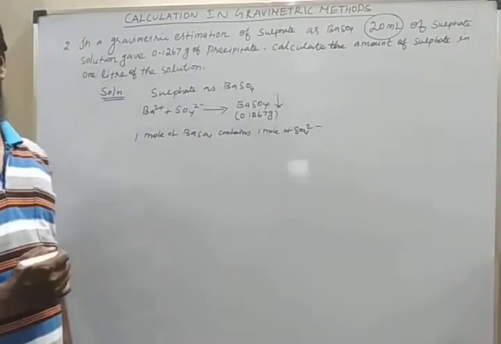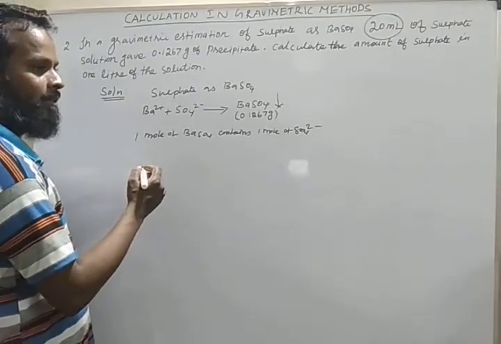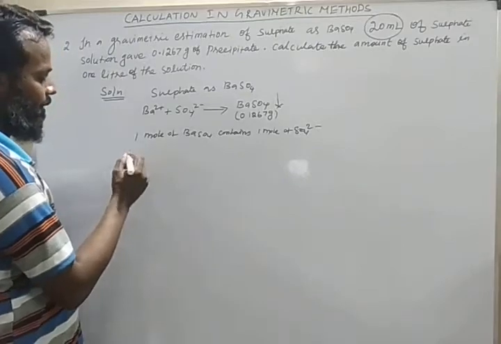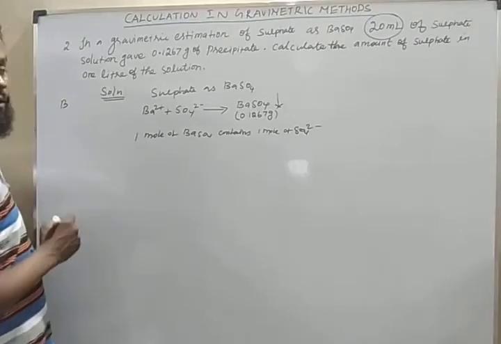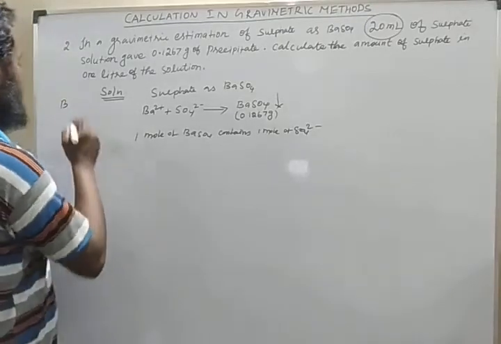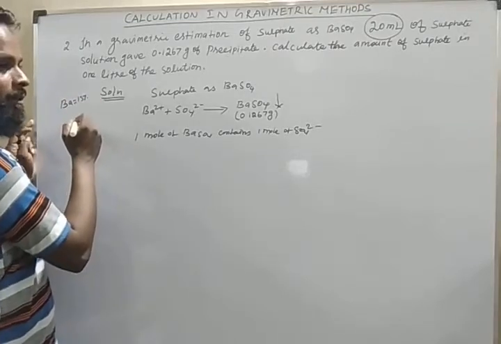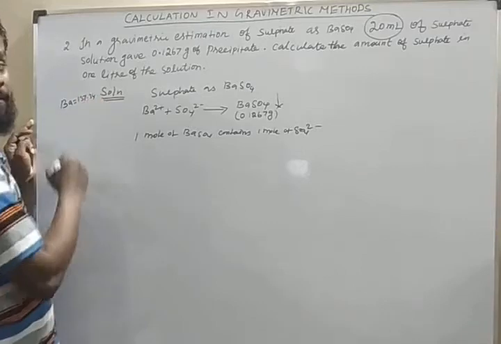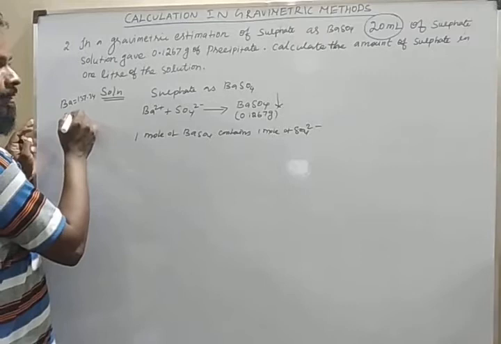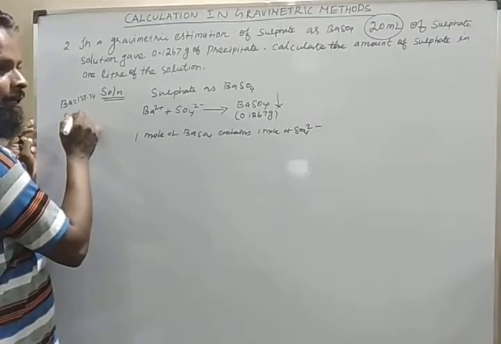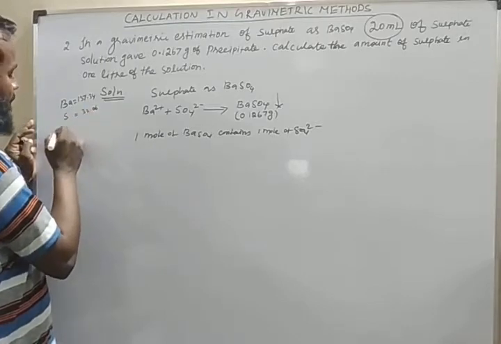The atomic weight of barium is 137.34 gram, and then for the sulfur we have 32.06, and then we have 4 oxygens.